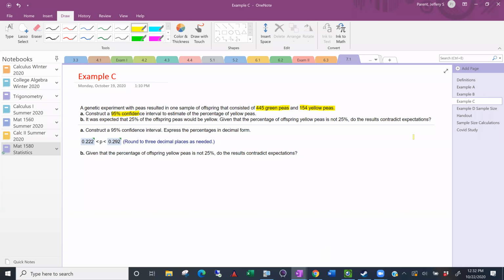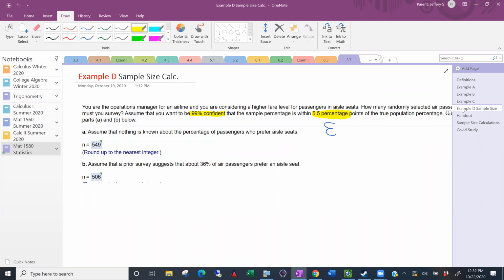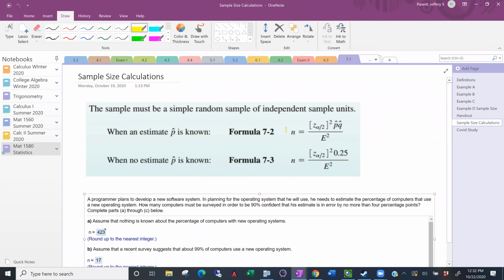On your handout, you'll see them down here for your sample size calculations. There are going to be 2 possibilities: one in which you know some information about your sample ahead of time, and one in which you don't know some information ahead of time.